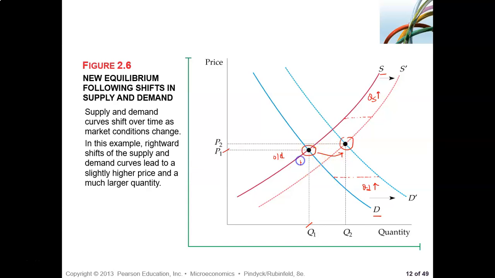So this is equilibrium E1, and this is equilibrium E2. At the new equilibrium, price is P2 and quantity is Q2.